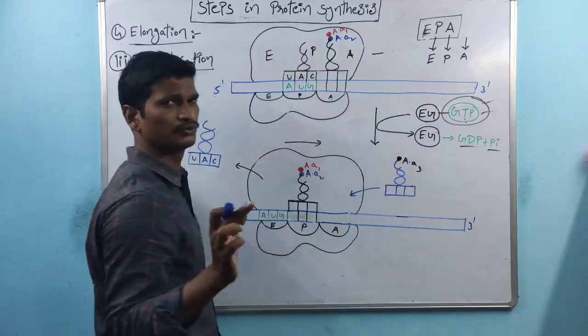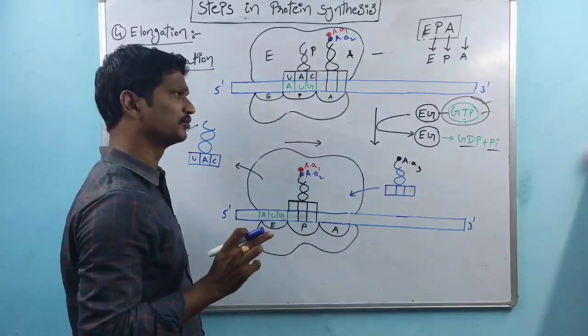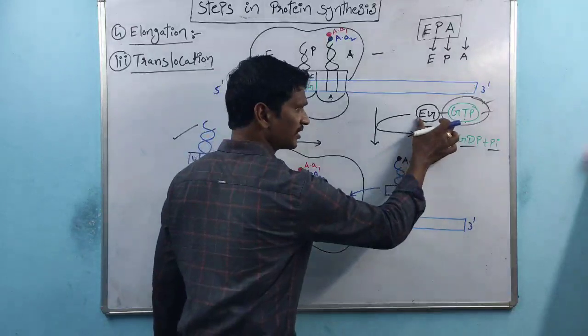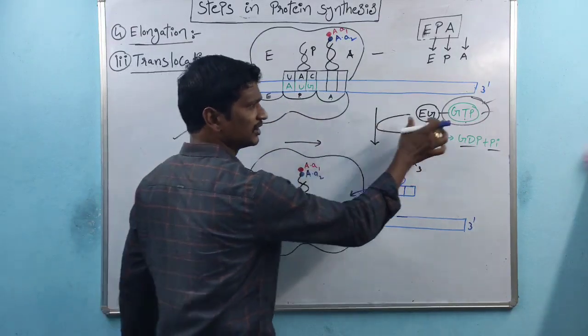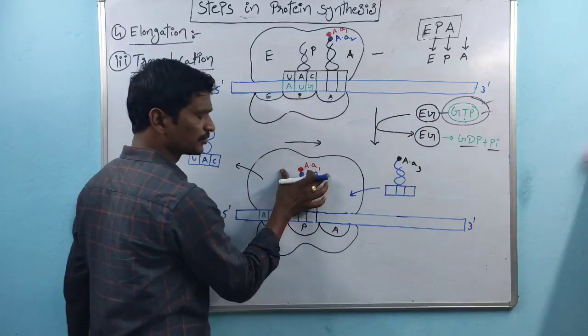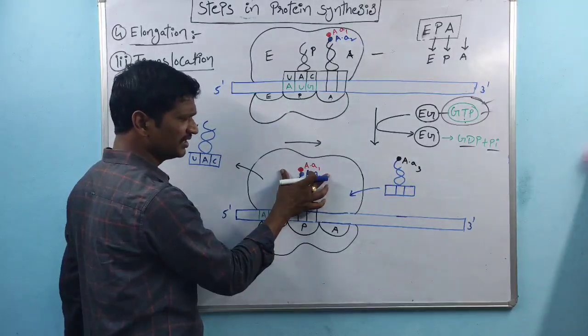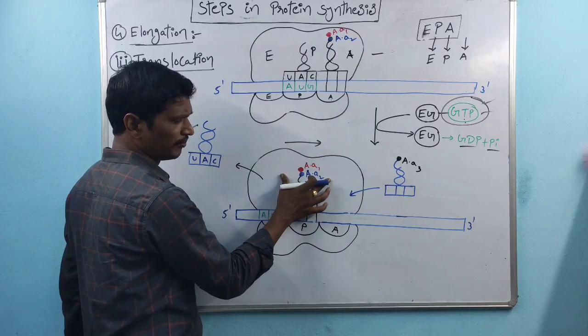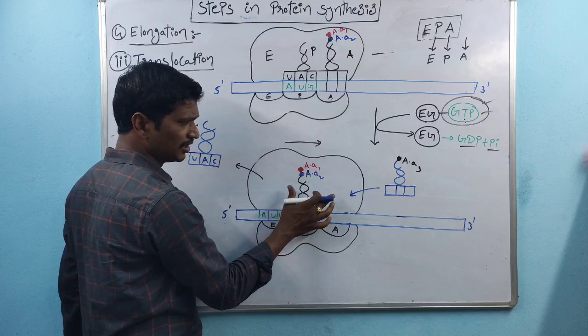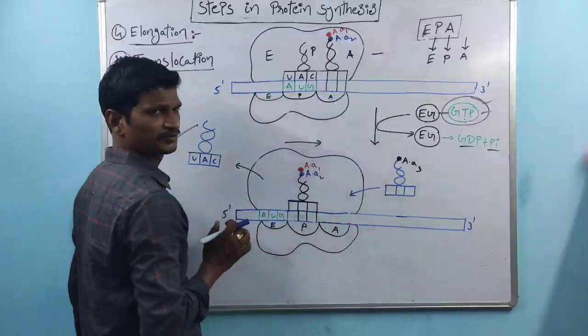Elongation factor always binds to GTP. Once the elongation factor complex binds to the ribosome, GTP hydrolysis takes place. By the utilization of that energy, movement of ribosome takes place.